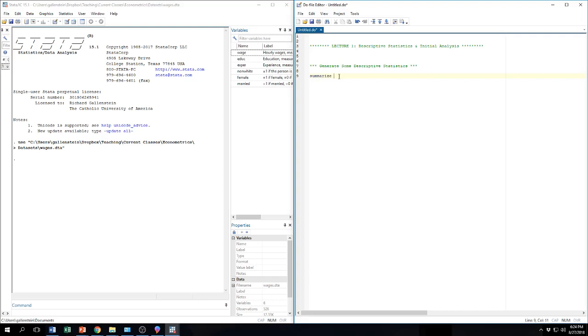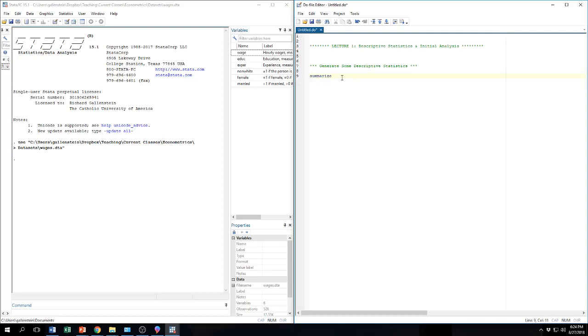You'll quickly find that I'm not a great speller. You can abbreviate it to just sum. What summarize does is it generates some basic descriptive statistics.